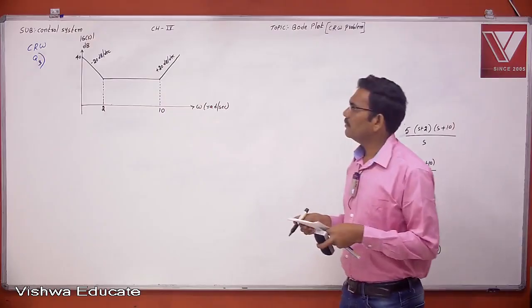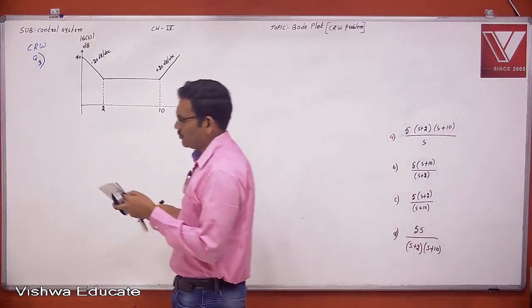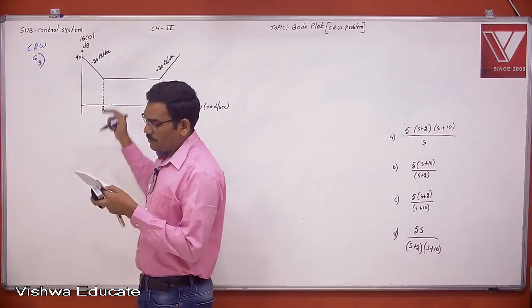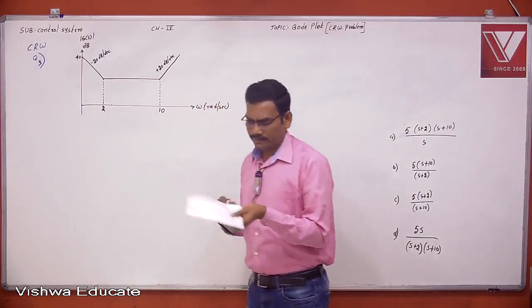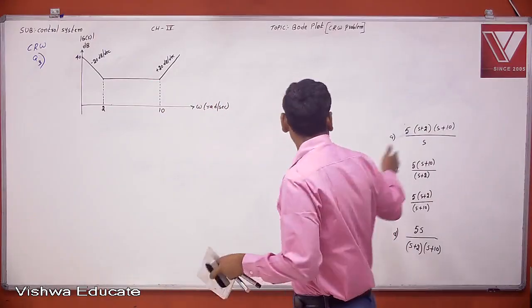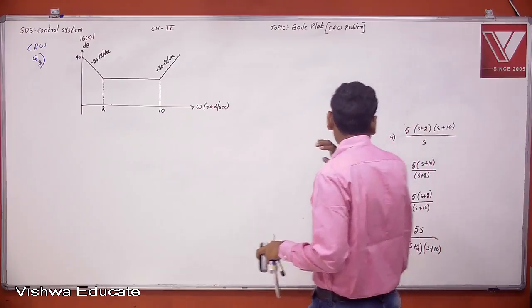Now see here, your classroom workbook question number 3: the Bode plot of a transfer function is dash, and these are the options given to you.